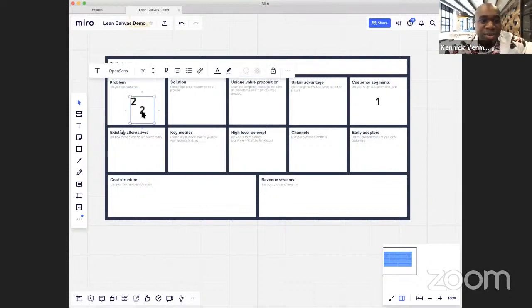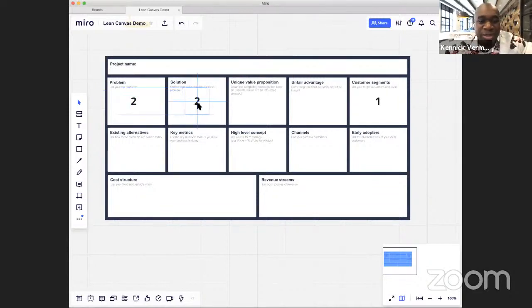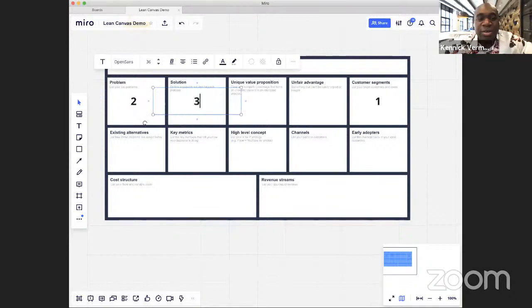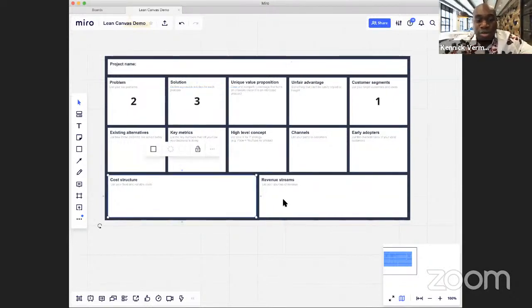Then you would spend the time to figure out what the solution to their problems are. Now, the solution can be your solution, or it could also be the current solutions that are out there, or the layman's version of the answer to their problems. Just the same way that you put the top 3 problems for the customer segment, you'd also put the top 3 solutions that currently exist.